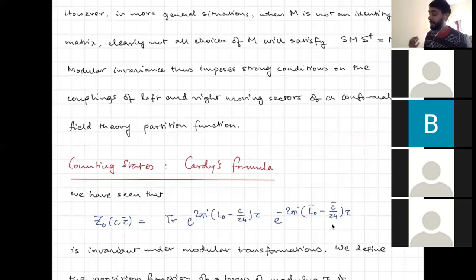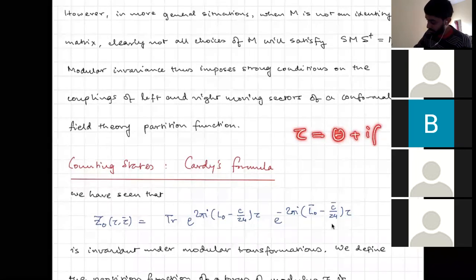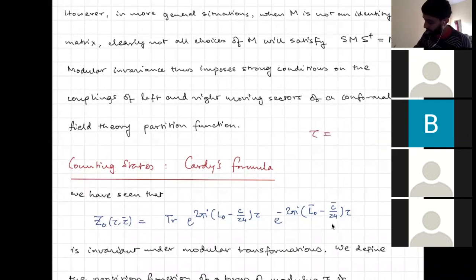You can see this more clearly if you write tau as theta plus i beta, or if you wish, just i beta. Then if tau goes to minus 1 over tau, this essentially means beta goes to 1 over beta.